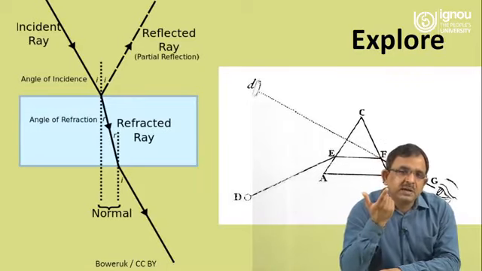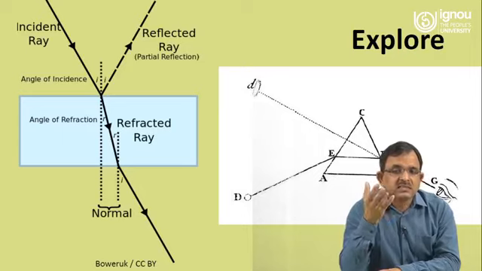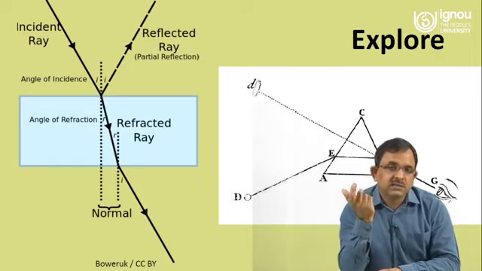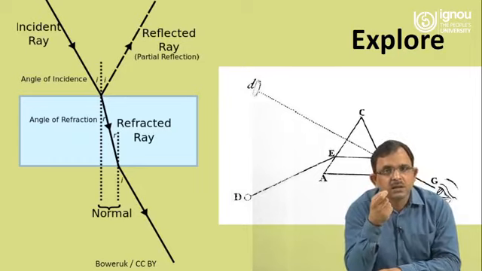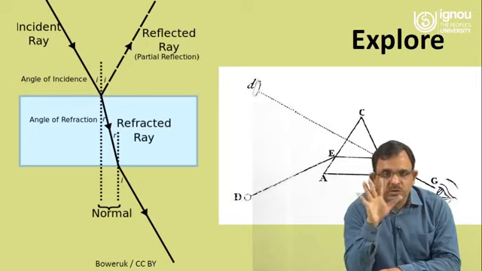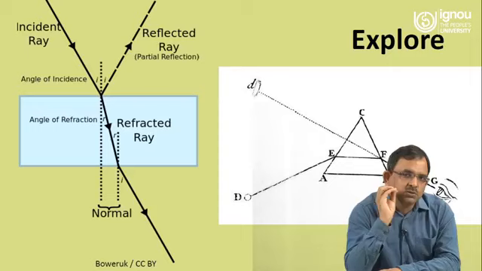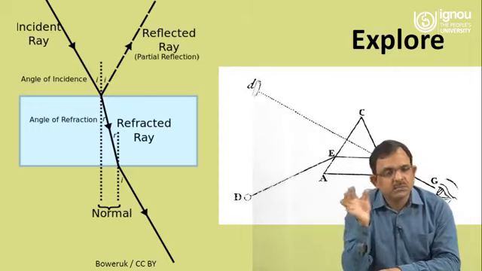A very famous experiment which is suggested at all secondary level classes is the experiment of a glass slab, where you ask your students to put it on a white paper. You can use a glass slab or a prism, whatever you want.